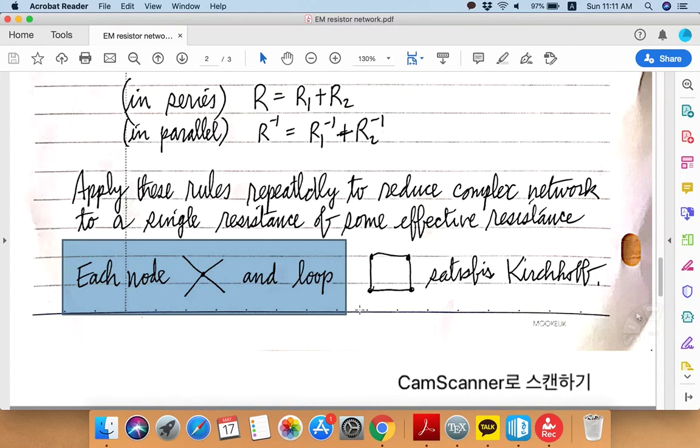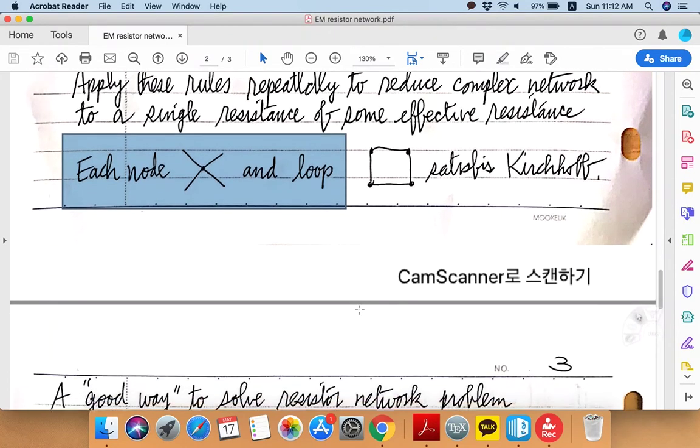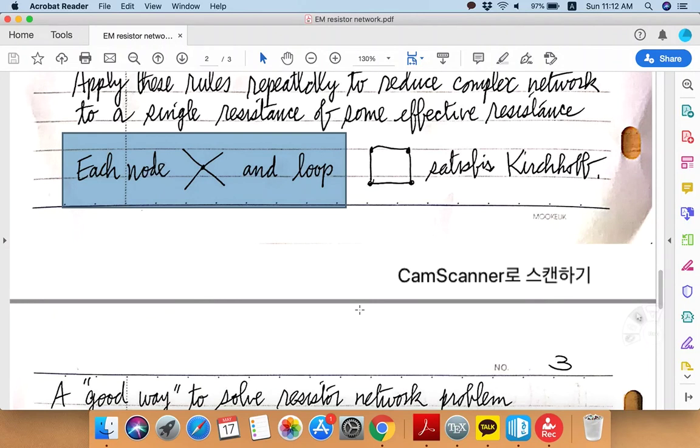That's just a consequence of current conservation, rather charge conservation. And then the second rule of Kirchhoff is that if you go around any closed loop, then the net voltage change around the closed loop must be zero. That's essentially related to energy conservation. Since you know these things already, I won't dwell on these too much.